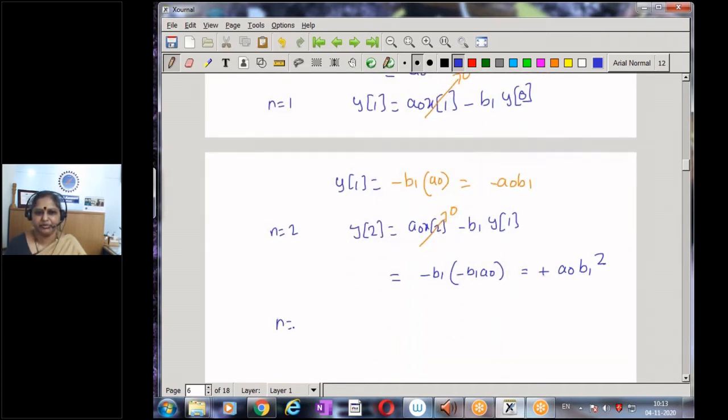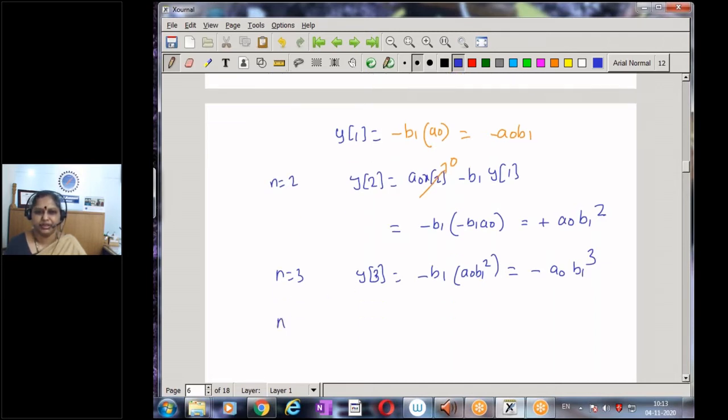Similarly, if I put n equal to 3, I am going to get y3 as minus b1 into y2. And what is y2? It is a0 b1 squared. So that is going to be minus a0 b1 cubed.